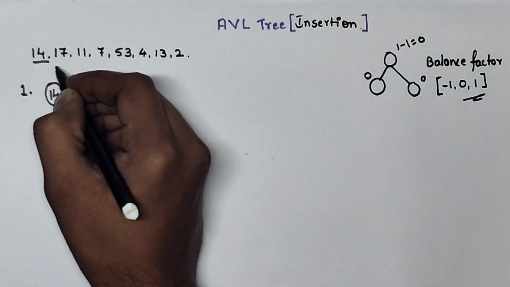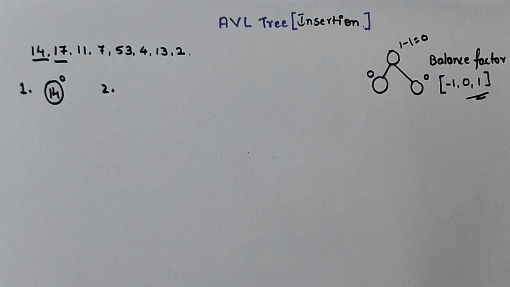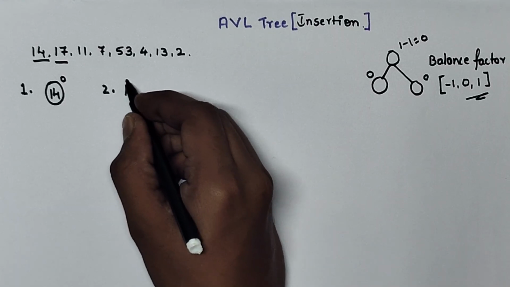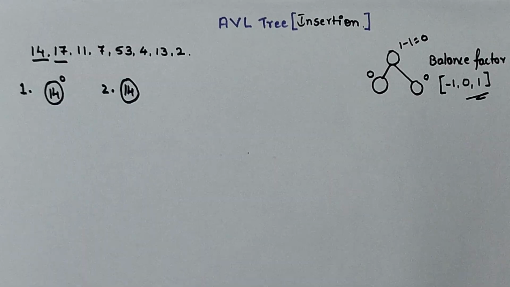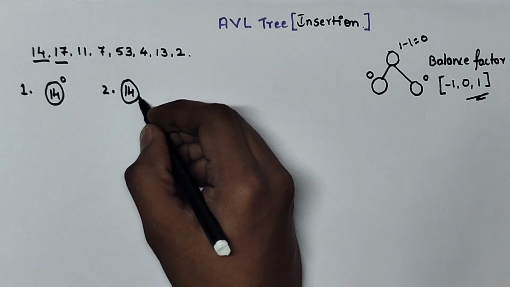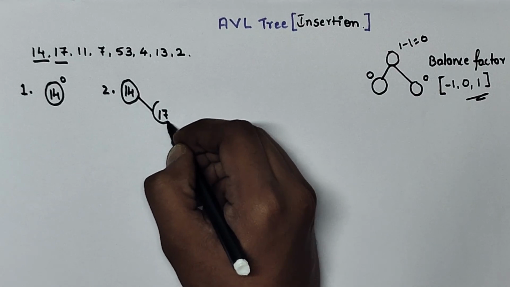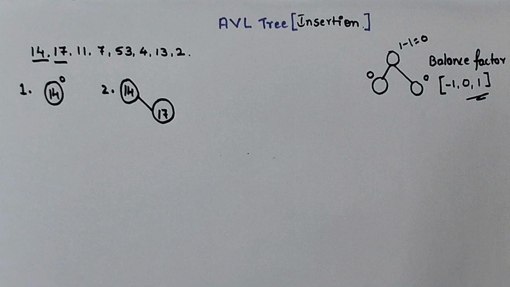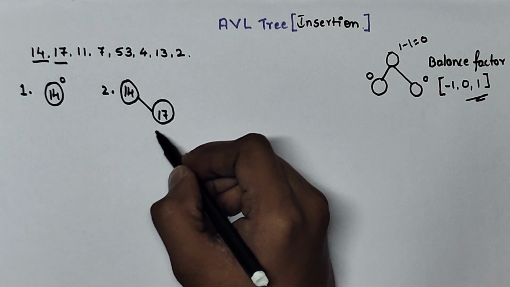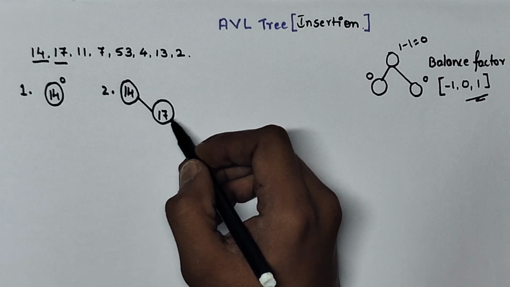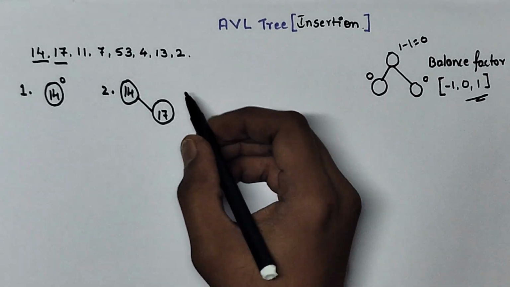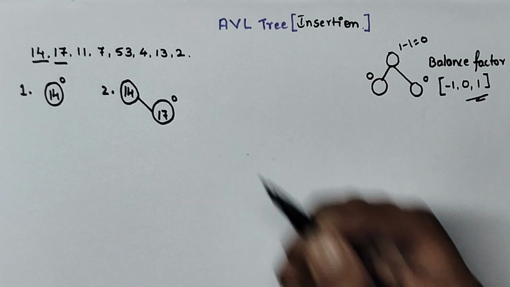In the second step I want to insert 17. So 14 will be as it is and 17 is greater than 14. If the value is greater than the node, we will write it towards the right side of that node. So 17 will be written on the right side. Now we must check the balance factor again for each and every node. 17 does not have any child, so left side minus right side means 0 minus 0 will be 0 itself.